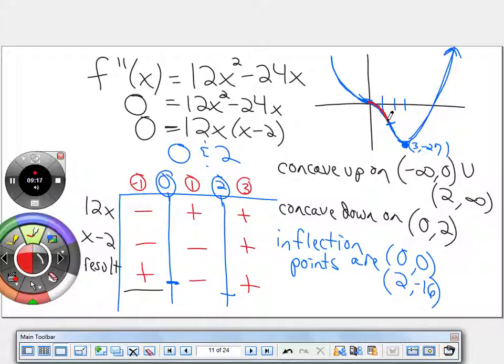At 2, -16, this is where it changes concavity, because it went from concave down to concave up there. And then at 0, 0, there was a change in concavity because it was concave up, leveled out, and then switched to concave down for that little bit from 0 to 2. I think that's all the parts of that particular problem.